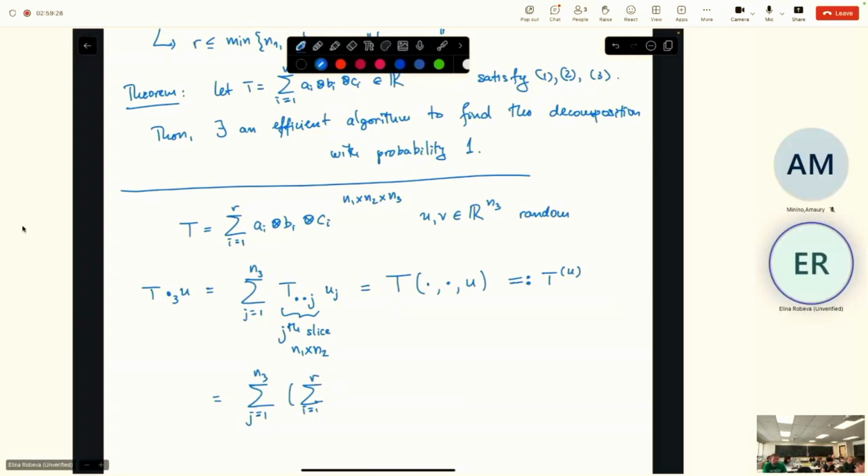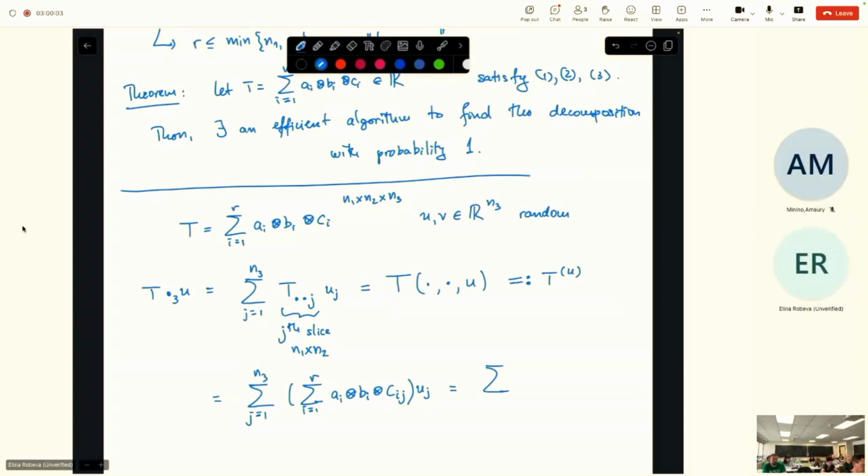So what is the j slice, right? So we have a_i tensor b_i, and the j slice would be c_ij. Just take the jth entry of this vector, and then you multiply by u_j. So I'm just plugging in the expression for t into here, and taking the j slice, and that equals a sum.